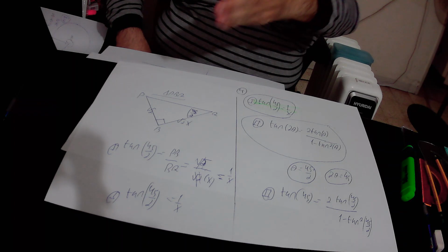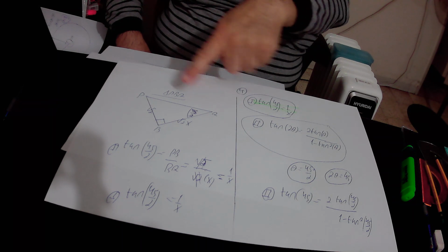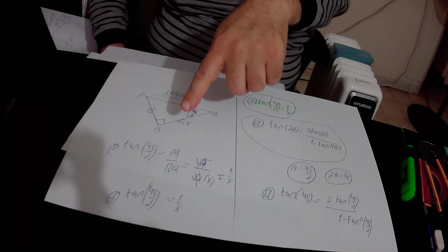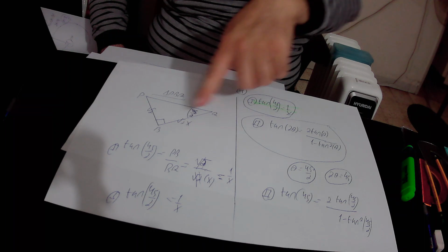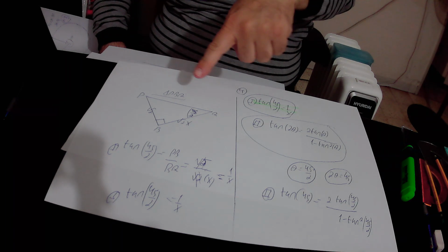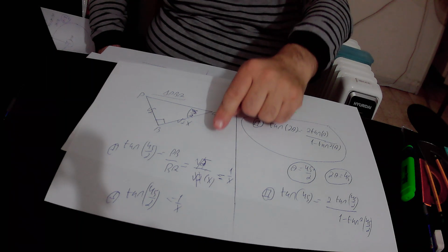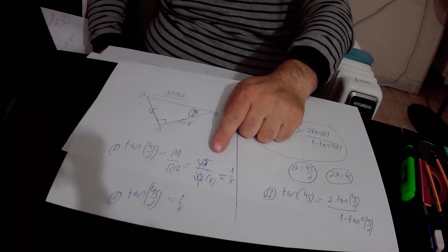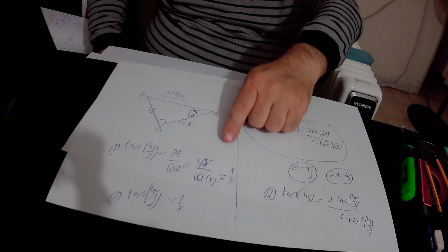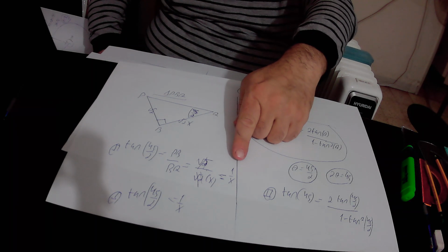So in this right triangle PQB, tangent of 45 over 2 degrees equals PB over BQ. PB is square root of 2 and BQ is square root of 2 times x. So we have square root of 2 in the numerator and in the denominator, so the square root of 2 will get cancelled, and we're left only with 1 over x.